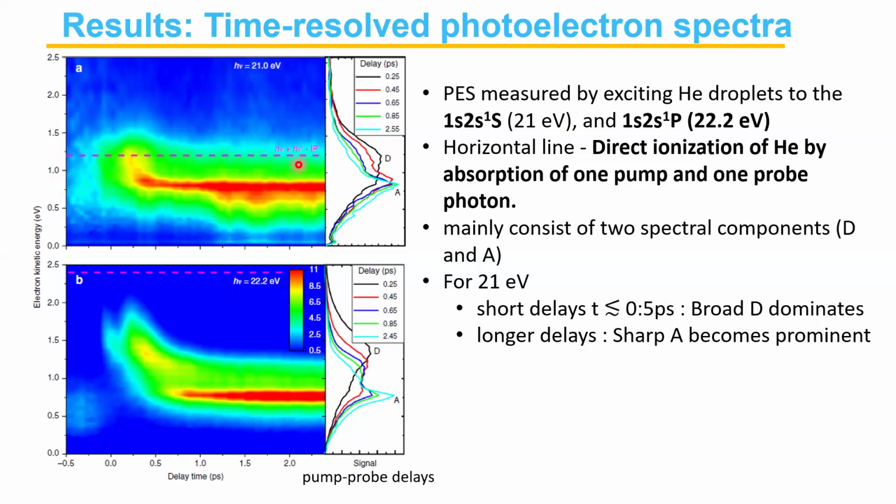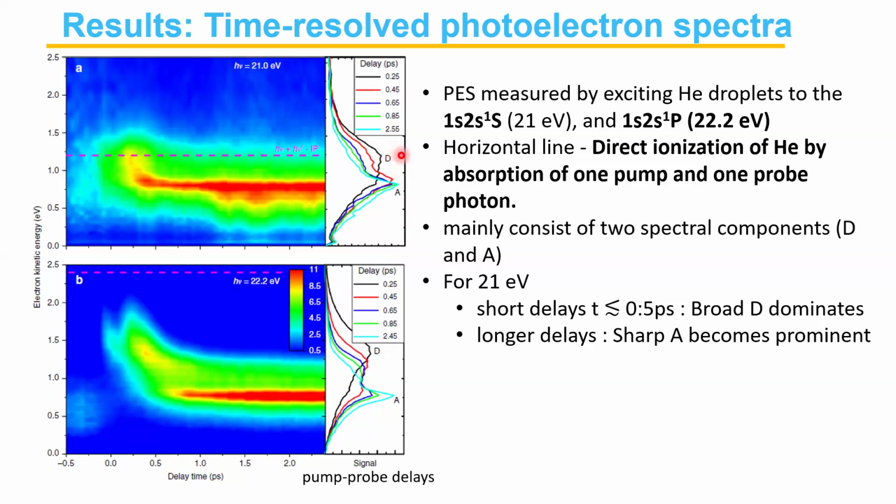And on the right-hand side of this, you can see the probe delay spectra. In this case, you can see there are two main peaks, which are D and A. For 21 electron volt, at shorter delays, as you can see, only the peaks at 0.25 and 0.45 are showing the broad peak, which is dominating in this area.